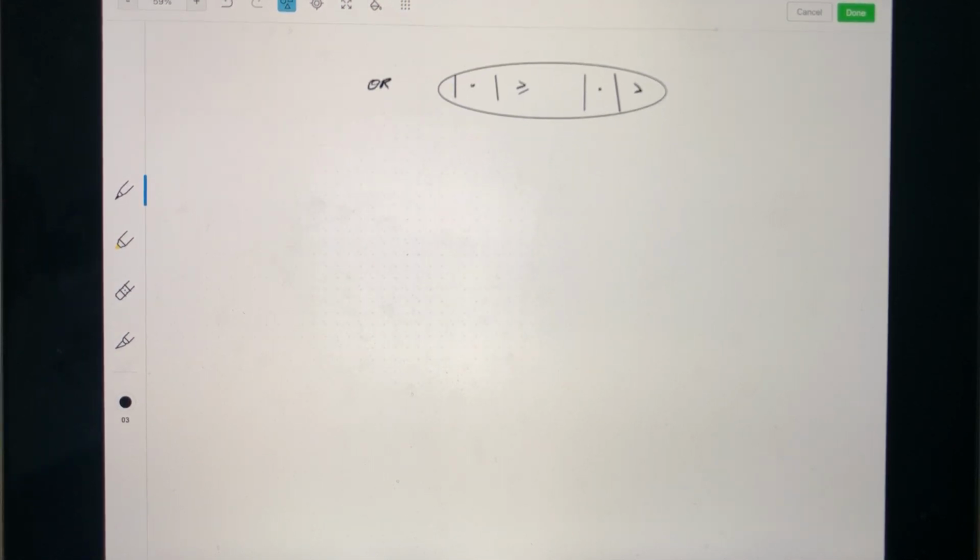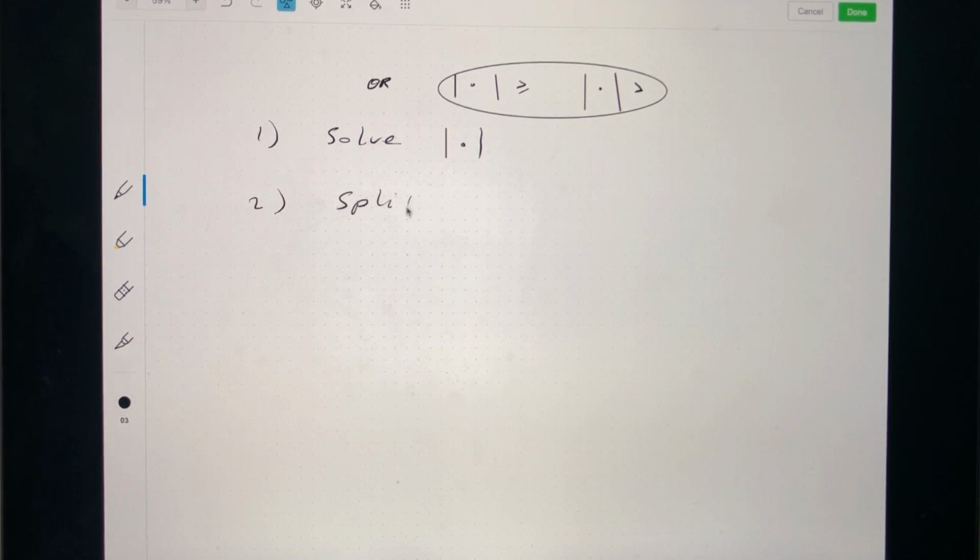So let's come back here. The first step is we solve for the absolute value. And then, once we're done with it, the second step is we split our inequality into two different ones. The first inequality is going to be exactly as the original, but without the absolute value.